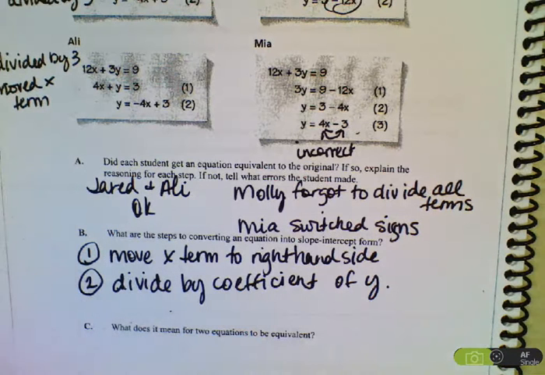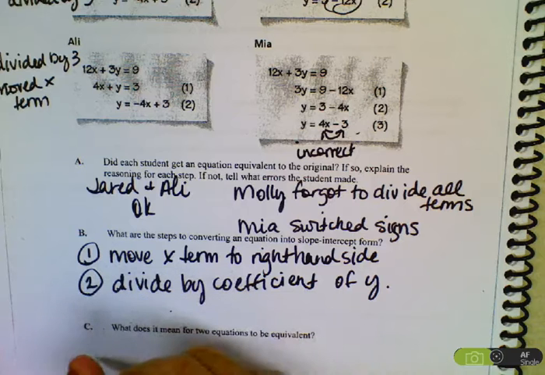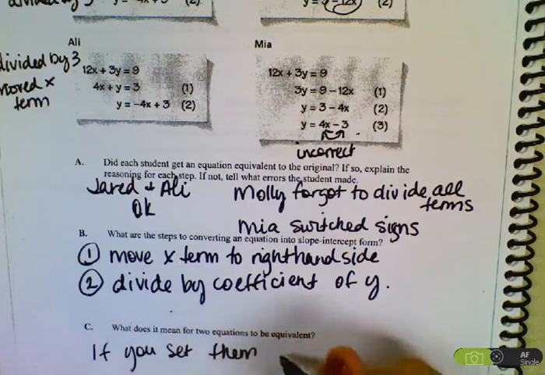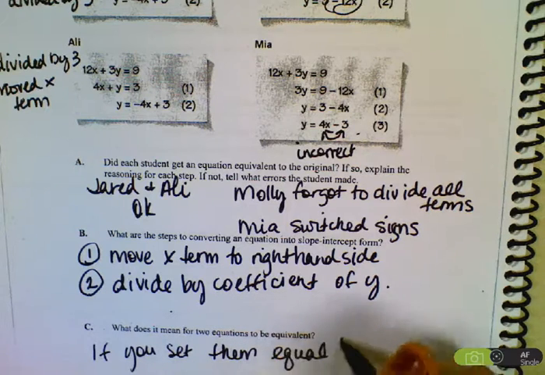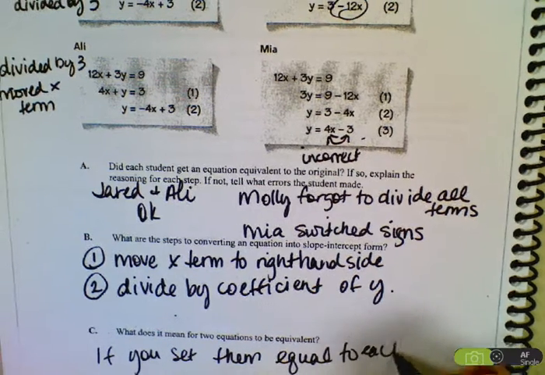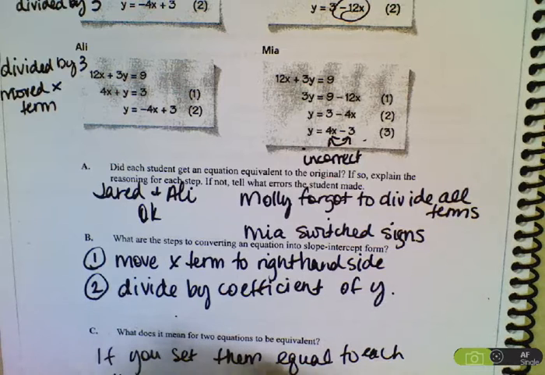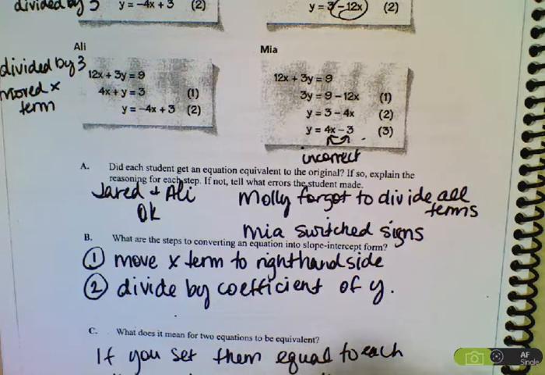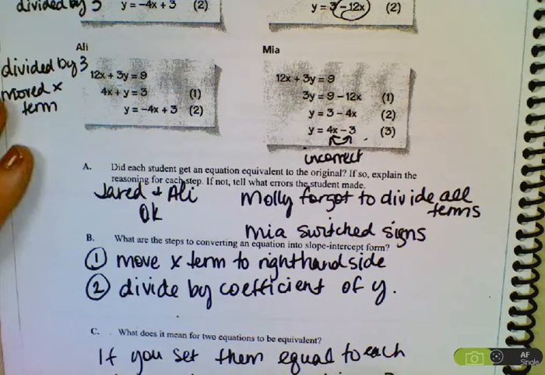And we're going to do practice on this in a minute. What does it mean for 2 equations to be equivalent? It means that if you set them equal to each other and solve, everything will cancel out. That's a mathematical way to prove that, right?